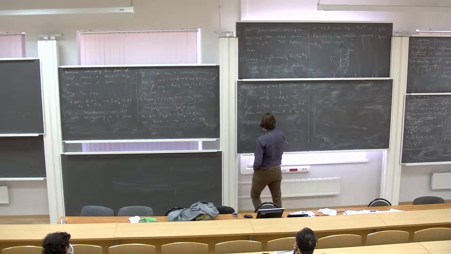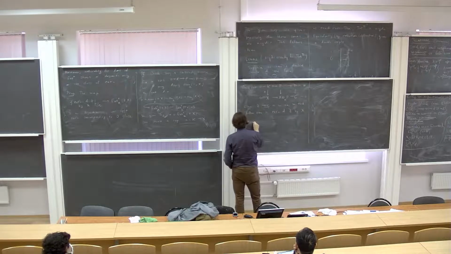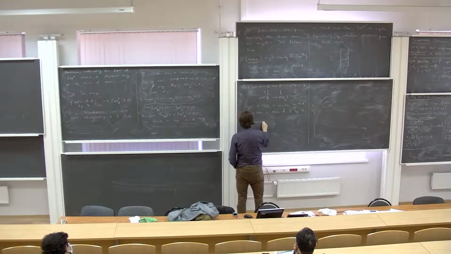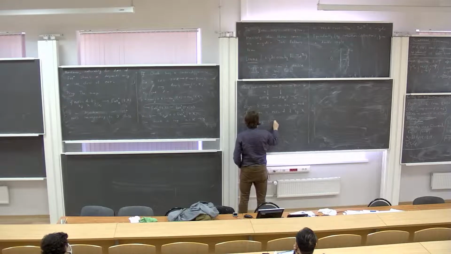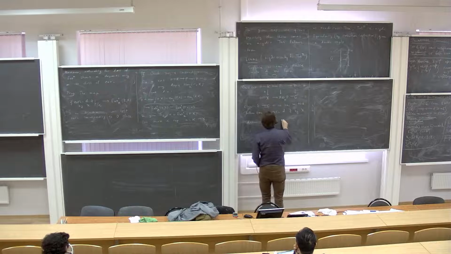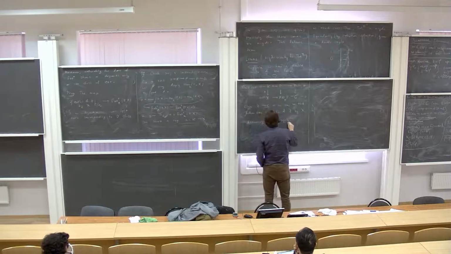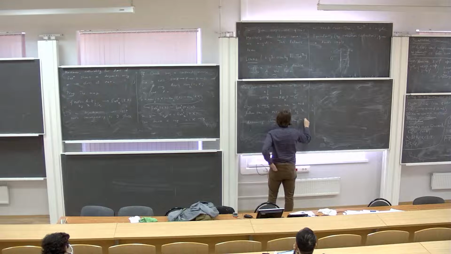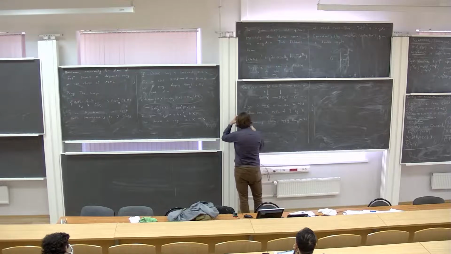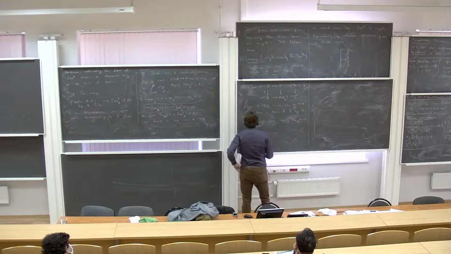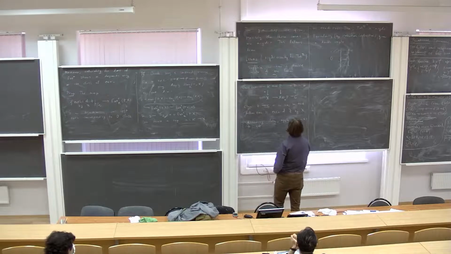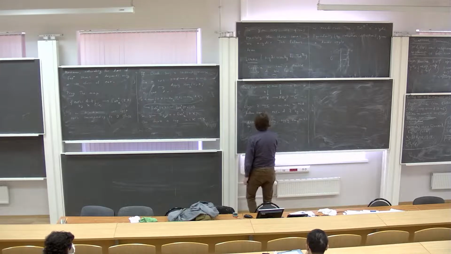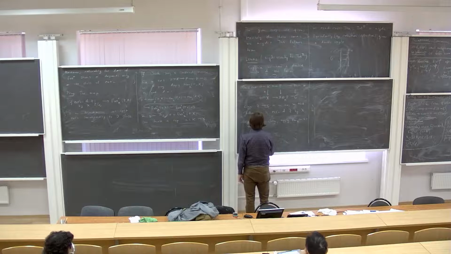Assuming the claim, let's apply Hom(-, X) to get the following. We'll get long exact sequences, which will look like the following.